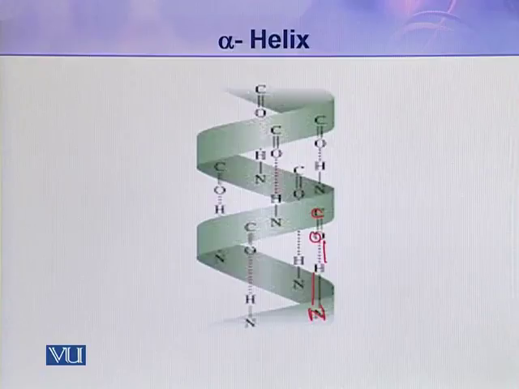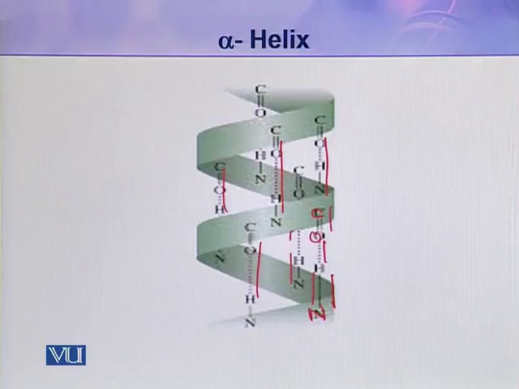So these two amino acids, one amino acid this and the other one is this, are linked together through hydrogen bonding. So all the amino acids present in this helix are hydrogen bonded. This helix uses the full potential of hydrogen bonding of the amino acids, and normally one amino acid makes a hydrogen bond with the fourth amino acid next.